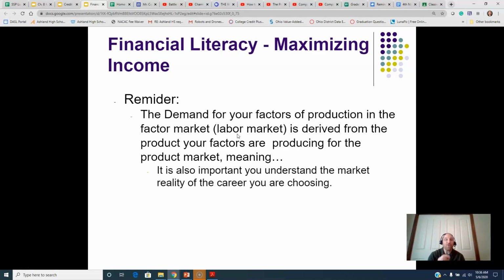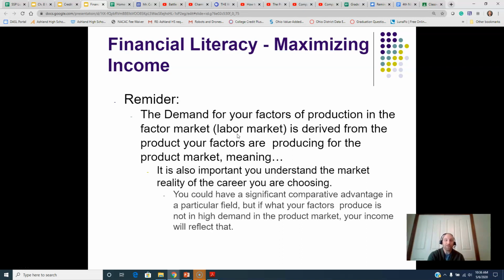So that means that you need to also understand the market reality of the career you are choosing. All right, so in other words, you could be the best at doing something in a particular area. But if what your factors of production produce is not in high demand in the product market, your income will reflect that.